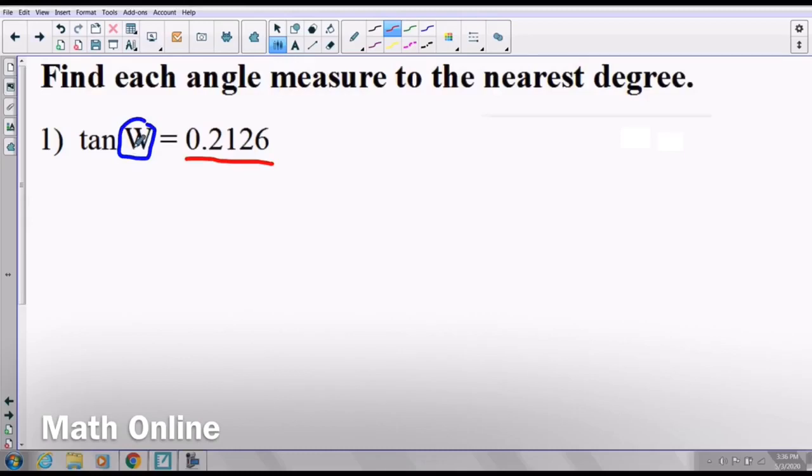So in order to find the measurement of angle W, what we want to do is take the inverse tangent on both sides of the equation, the left side and the right side. So we're going to say the following.